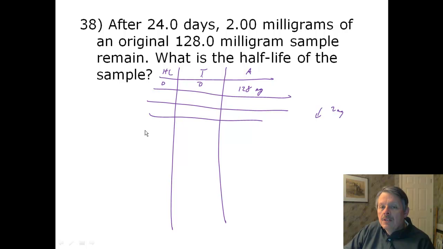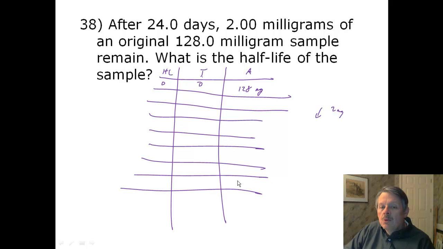I don't know how many lines we have to draw, so we'll just draw some lines and see where we end up. Did I have enough? Maybe. That's 64, that's 32, that's 16, that's 8, that's 4, that's 2. Okay, so here's where I stop. Right? And this is going to be 1, 2, 3, 4, 5, 6 half-lives. Okay, and it took 24 days.